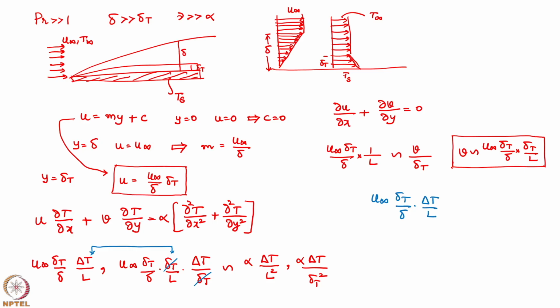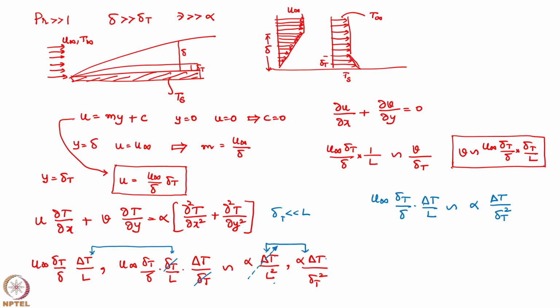This is of the order of alpha. Comparing these two, the scale of delta T by L squared will be lower than delta T by delta T squared, because delta T is very much smaller than L. So, this can be neglected, and I end up getting alpha delta T by delta T squared.